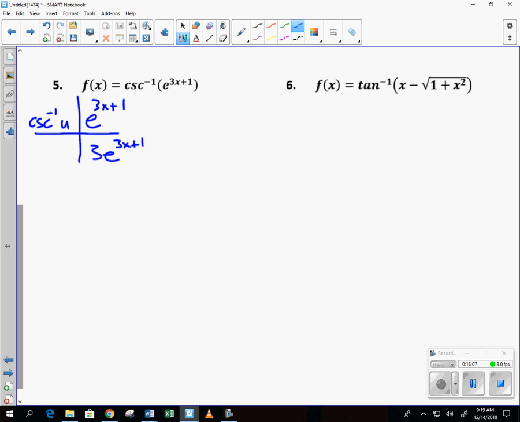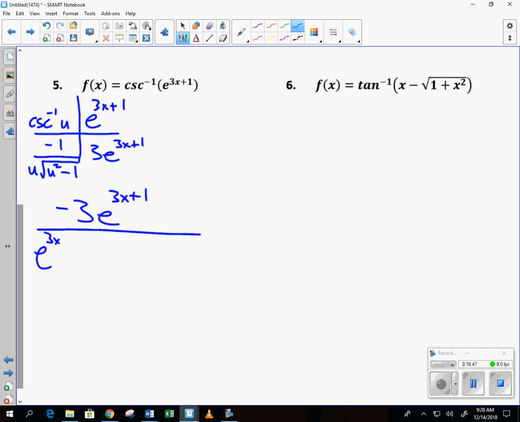The derivative of cosecant inverse is negative 1 over u roots of u squared minus 1. So I have to multiply this. It's going to be negative 3 e to the 3x plus 1 over, what do I put in for u here?